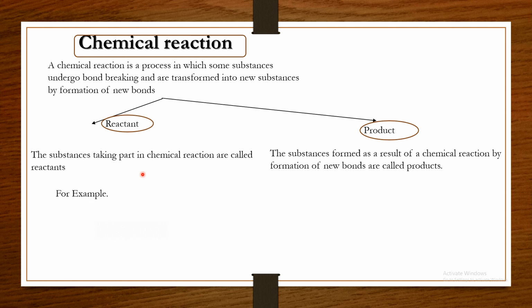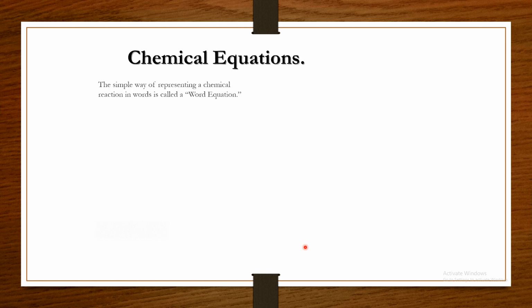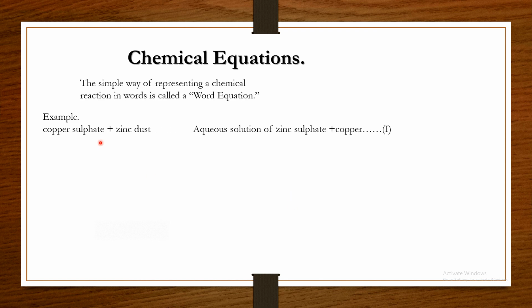For example, carbon plus O2 forms carbon dioxide. Here carbon and oxygen are the two reactants, and carbon dioxide is the product. So we have to write the chemical reaction, and for this we first write the word equation. For example, copper sulfate plus zinc dust.